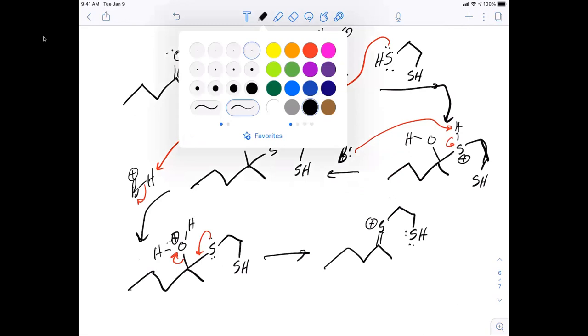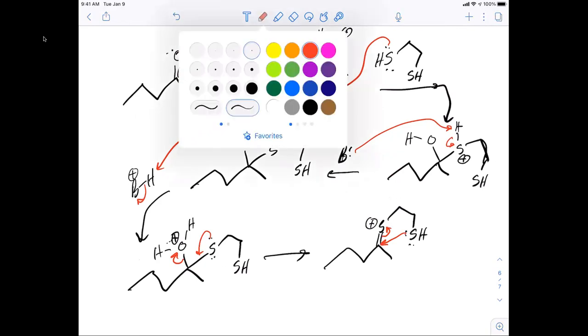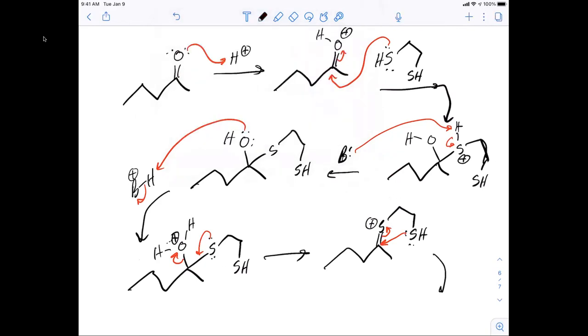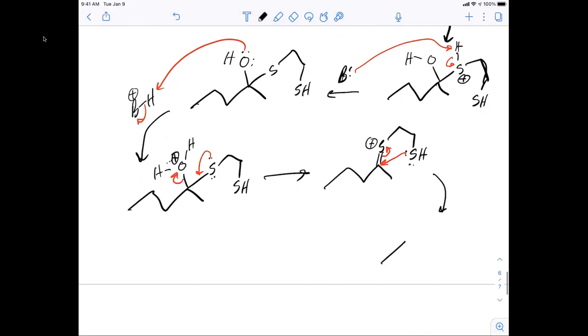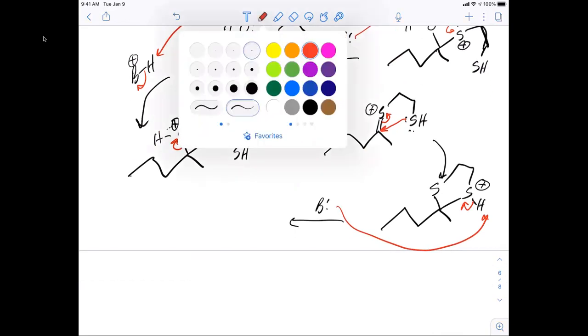Now we've got the sulfur that can attack there, 5-membered ring, kicking the electrons back to the sulfur positive. Then last step, proton transfer to get us to the cycle.